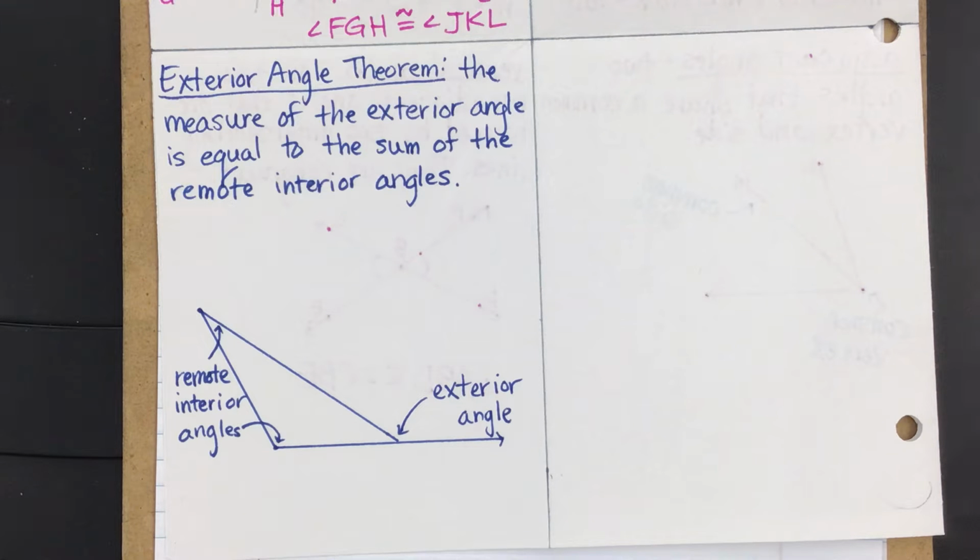Let's take some notes. So make sure you have a piece of lined paper. We're not gonna do seriously long notes or anything like that. I just want to show you what it looks like when we're finding missing angles.